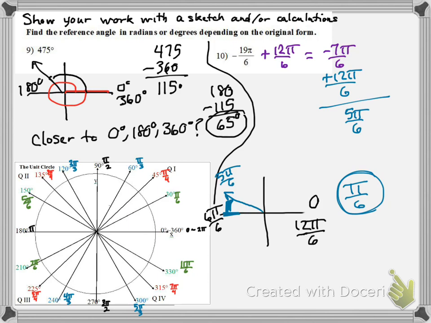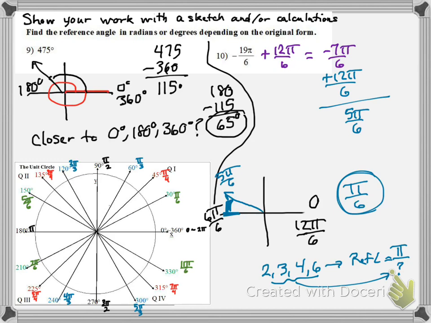I know I talked about this a little bit before, but I'm going to say it again. If the bottom of your fraction is 2, 3, 4, or 6, then your reference angle is going to be pi over whatever number you have there.